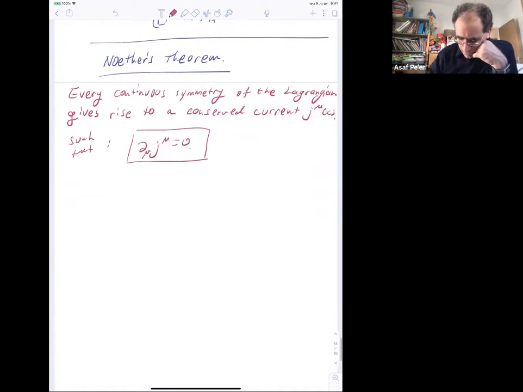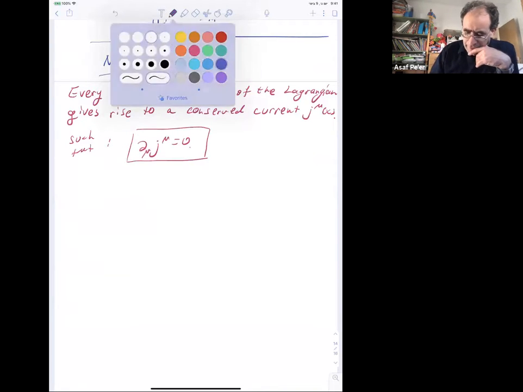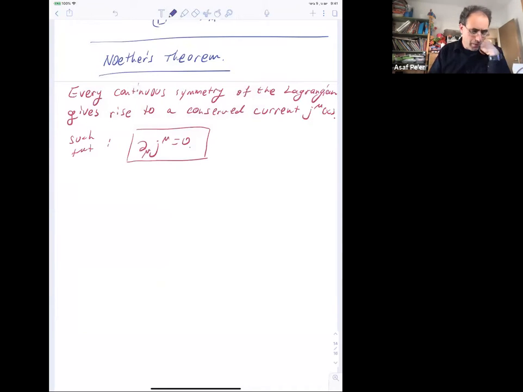You can find it in Thompson, in Peskin and Schroeder. It's slightly above what we're learning, but fine. The proof is there, and it's widely used. So let's give an example rather than proof.